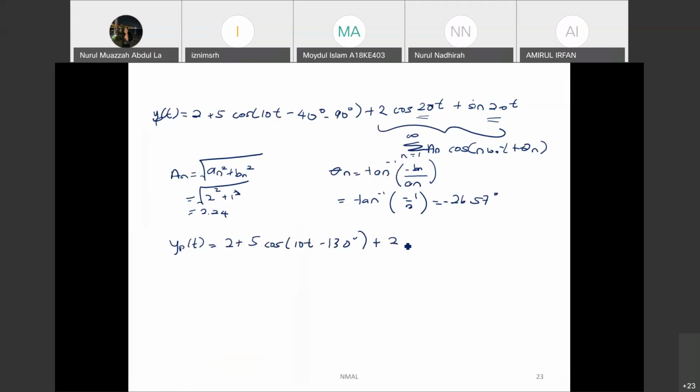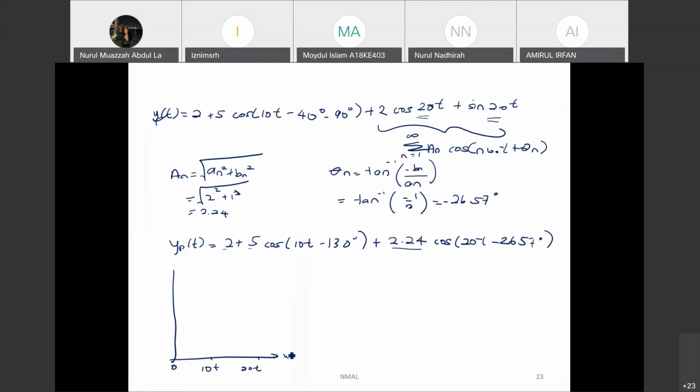plus 2.24 cos(20t minus 26.57 degrees). Okay, from here straight away you can take the amplitude to plot the frequency spectrum in terms of magnitude first. So omega, you have omega equal to 0, and then 10, 20.